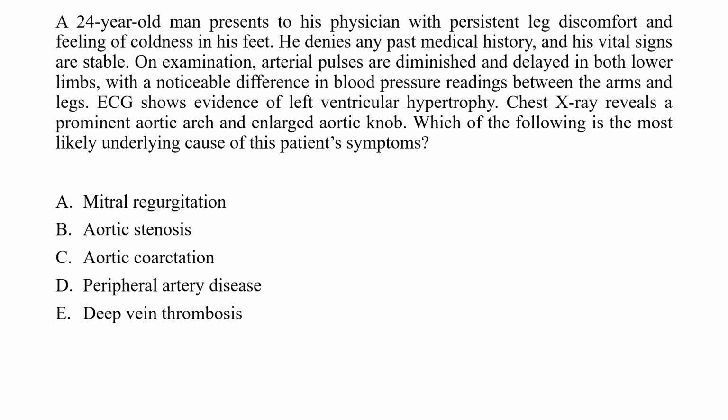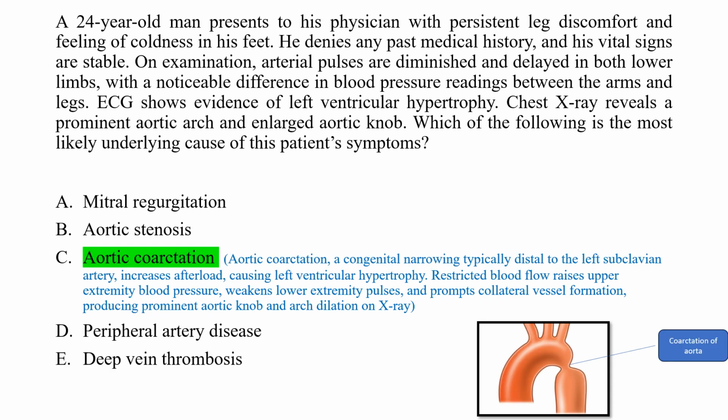The options provided here are A, mitral regurgitation, B, aortic stenosis, C, aortic coarctation, D, peripheral artery disease, E, deep vein thrombosis. The correct option here would be C.